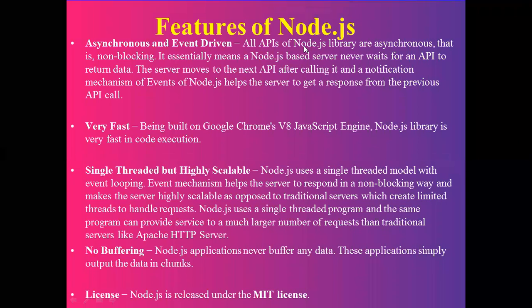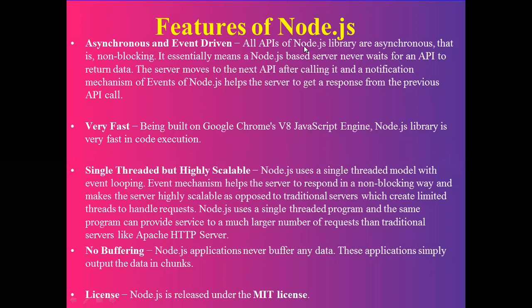That means whenever we are executing any application or JavaScript code in Node.js, the server never waits for an API to return data. The server moves to the next API after calling it.